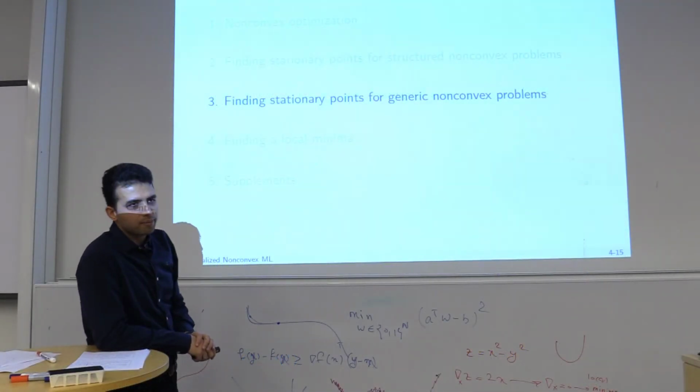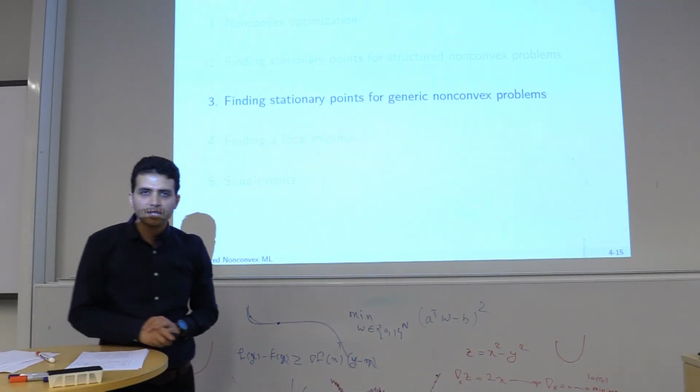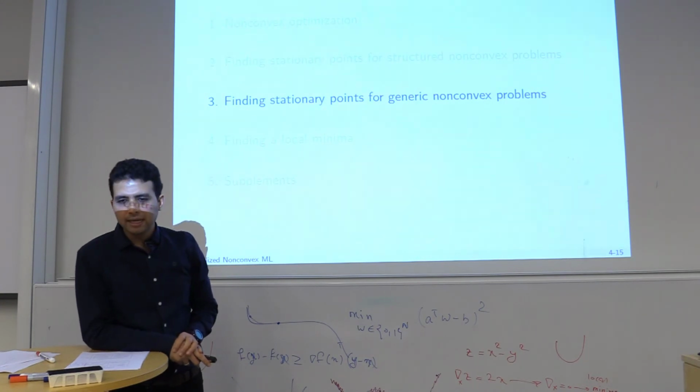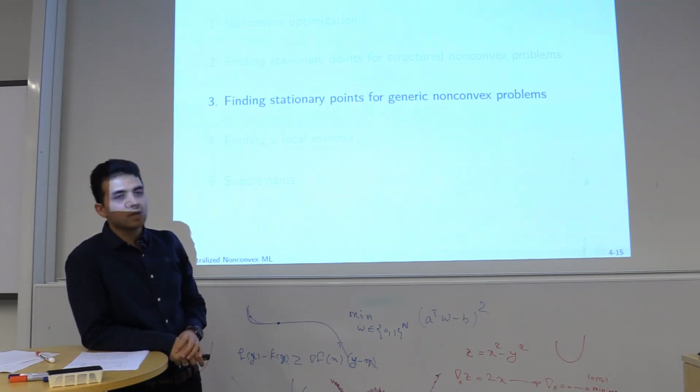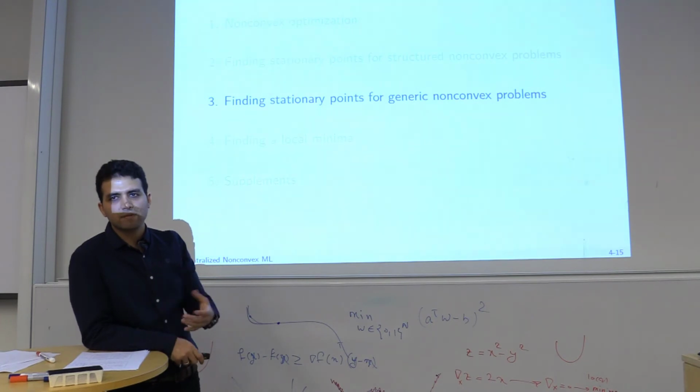Just to sum up, there are some functions for which we can show that, after some reformulations, the specific function is a strongly convex function or whatever. And for those functions, we are done, because then we can use convex solvers.